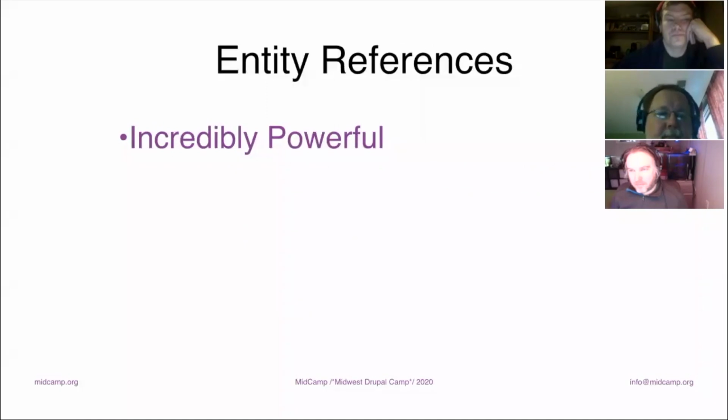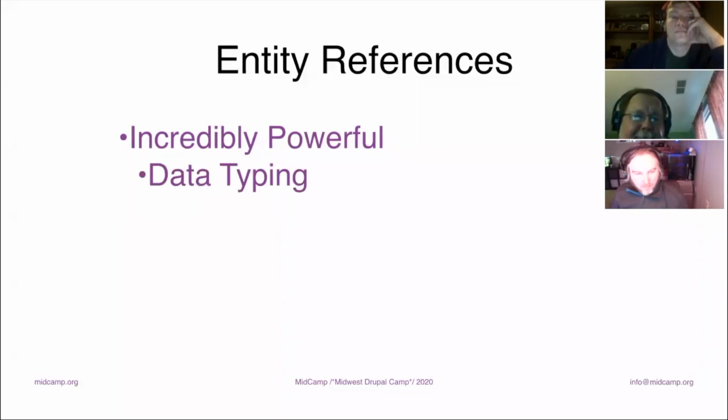But entity references are really, really powerful. We use them all the time. Drupal uses them in just baseline Drupal a lot. The regular entities that are installed for everyone with a standard installation have a number of different interrelated entity references on them. And their power is due to things like their ability to be data typed. If you want to reference users, you can forcefully reference just users.